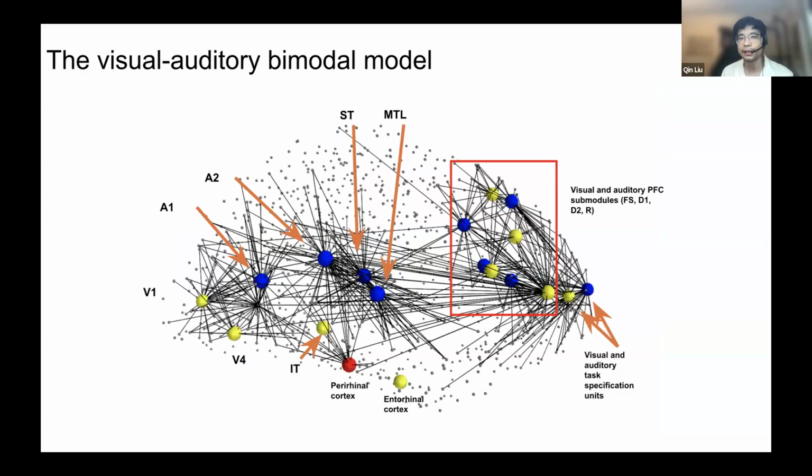And then I embedded this visual ventral pathway and the working memory circuits into the virtual brain connectome. So in the background, all those gray dots represent nodes in the TVB software package. But I isolated all the nodes that I was interested in for further investigation and expanded those nodes into multi-scale models.